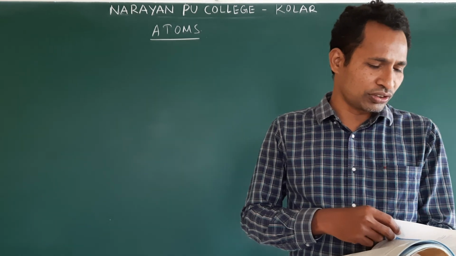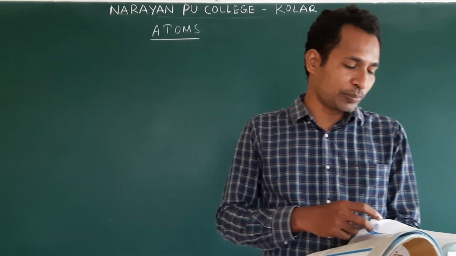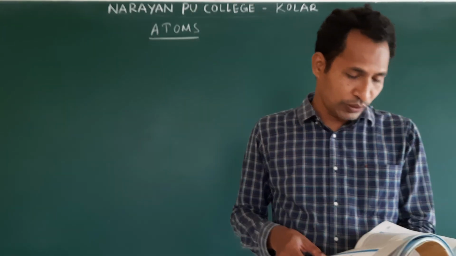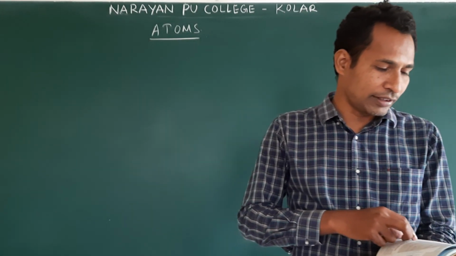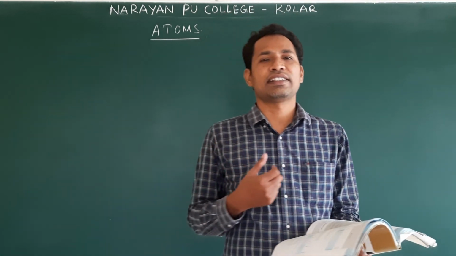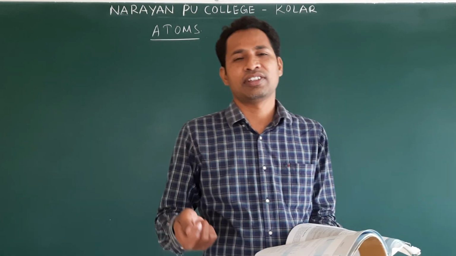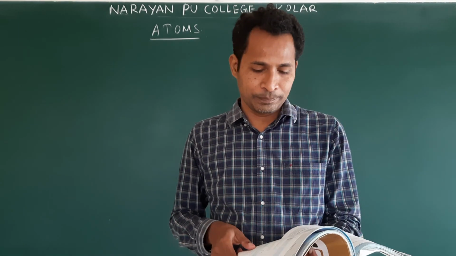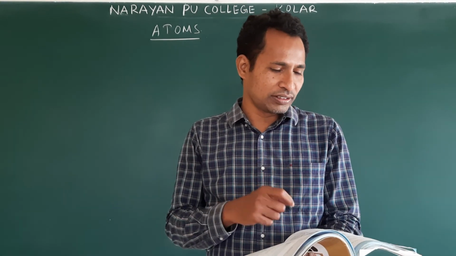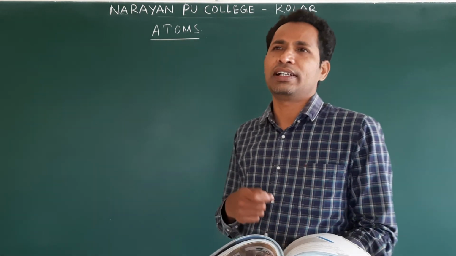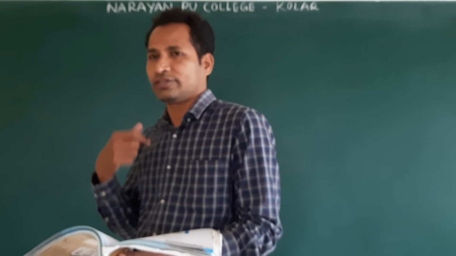Some new technical words are there, impact parameter, trajectory of alpha particle. Some different kinds of problems. In atomic structure, you did not study the Rutherford model and equations, but in this lesson we will see those equations. Clear? So completing this lesson, we will have a discussion about the atom and its models.